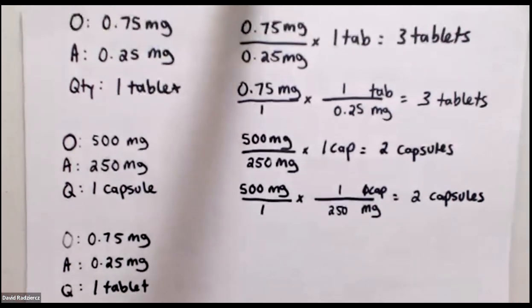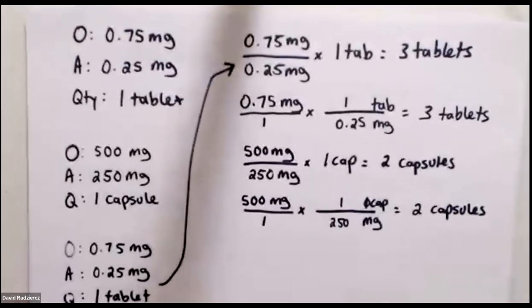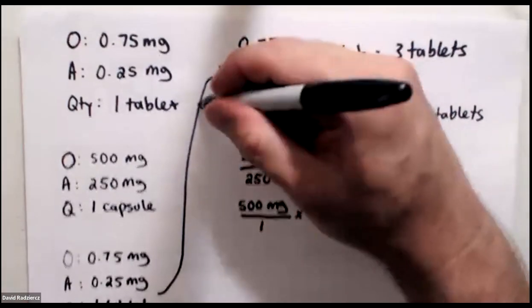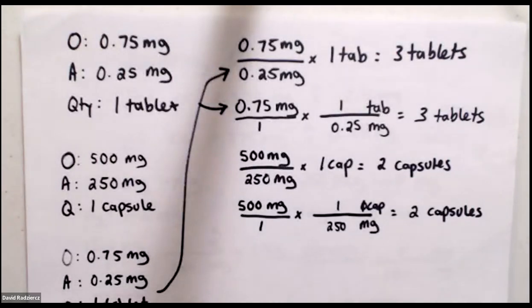And then I'm just going to point you to this because it's the exact same setup with the exact same answer. So even though it's a different medication, same answer. That was not necessarily intentional. It's just how it worked out.